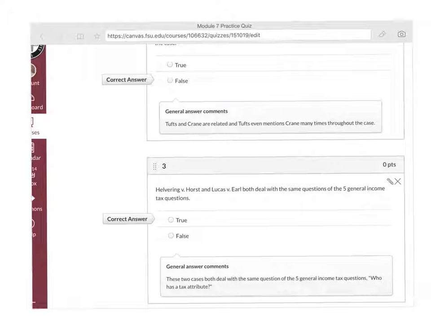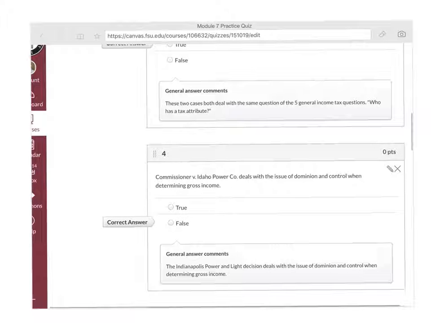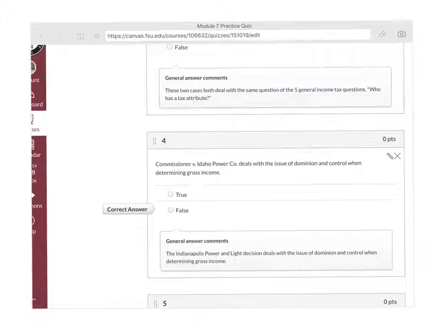I'm not going to really do this type of question with those. But a lot of them were like when, there were some who cases, there was some income deduction, right? There were some character questions. So that's what that's dealing with. That's true. They both deal with the who question, right? It doesn't say which of the 5 questions, just says they both deal with the same.